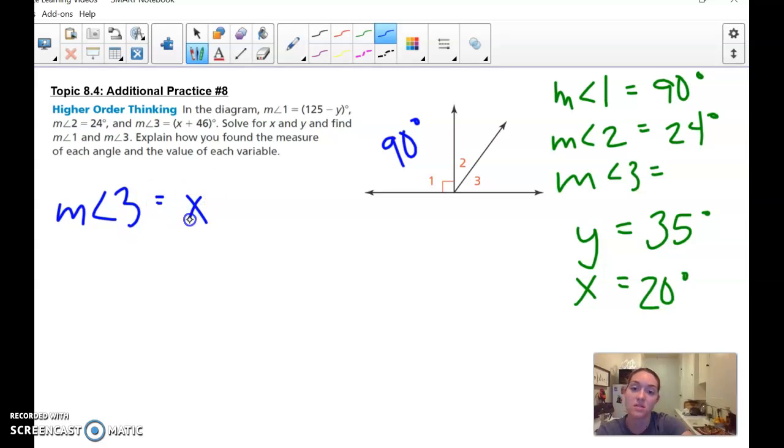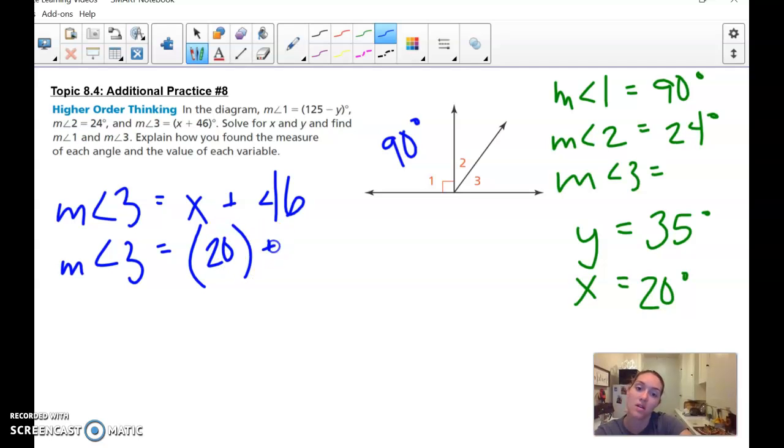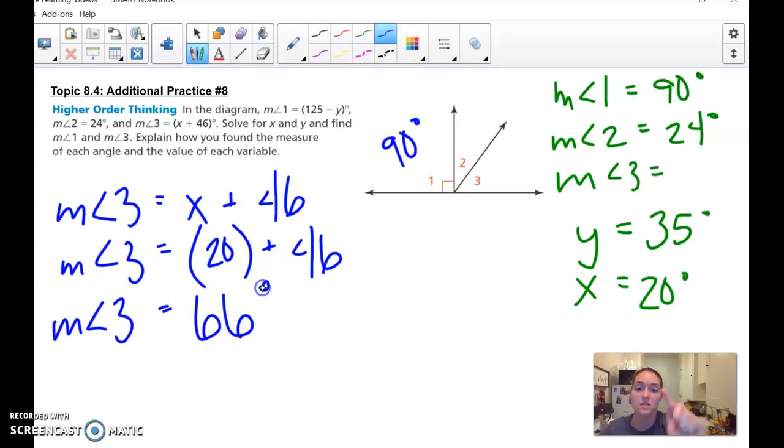The measure of angle 3 is equal to, I know x is equal to 20 degrees, plus 46. So now I can actually add those. The measurement of angle 3 is equal to 66 degrees. And I can put that in my tally on the right. 66 degrees. Awesome.